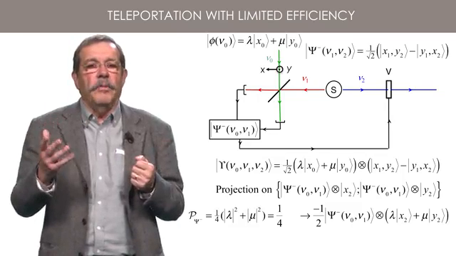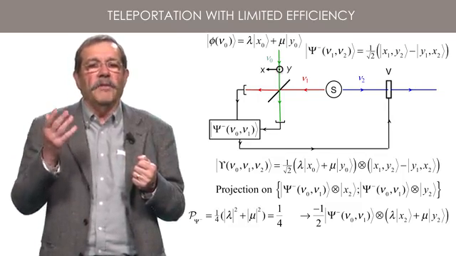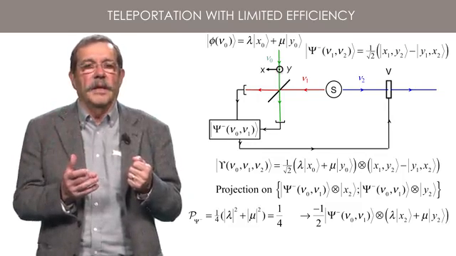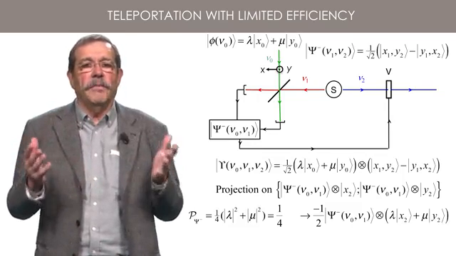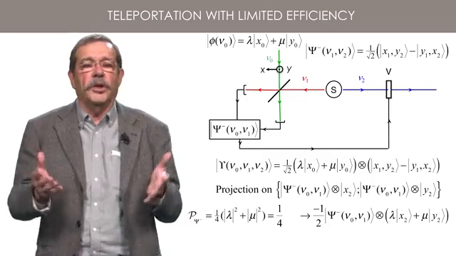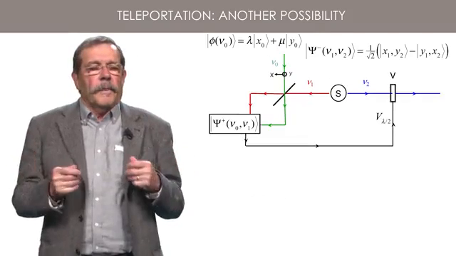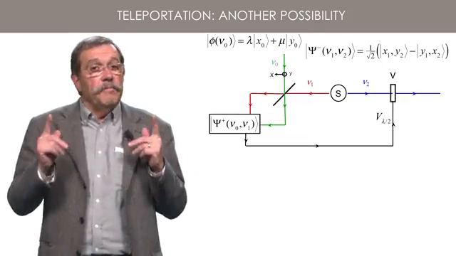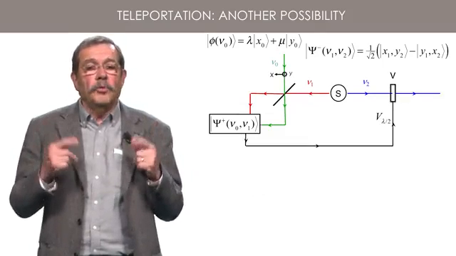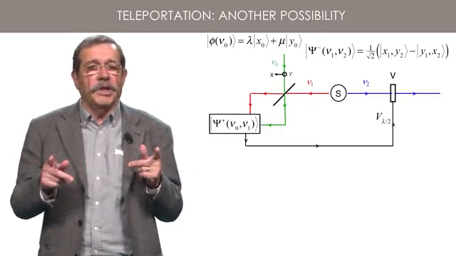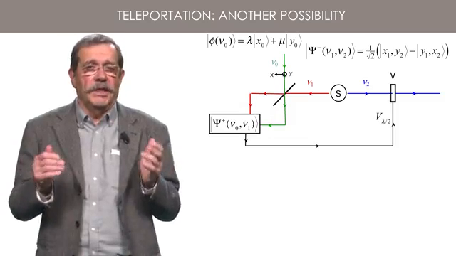It means that our method will work only in 1/4 of the cases. Is it possible to generalize the method in order to make it 100% efficient? The answer is yes, in principle, when we know how to make an efficient complete Bell measurement, which is not the case at the moment.